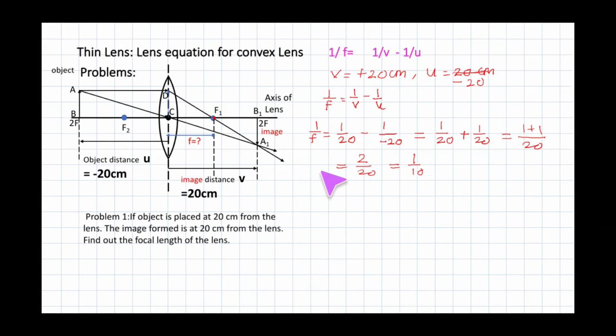So 1 upon f is equal to 1 upon 10. Therefore, taking the reciprocal, f is equal to 10 centimeter.